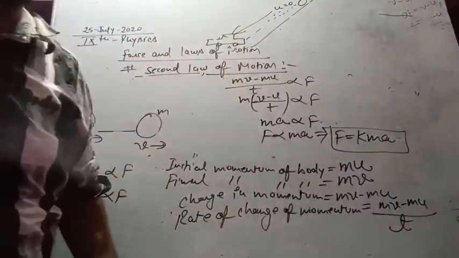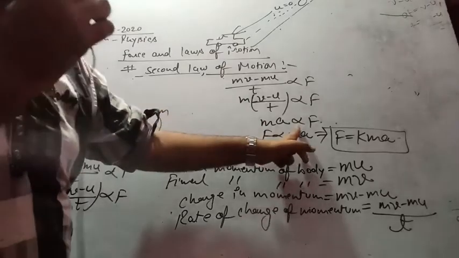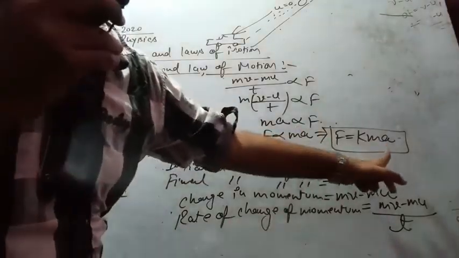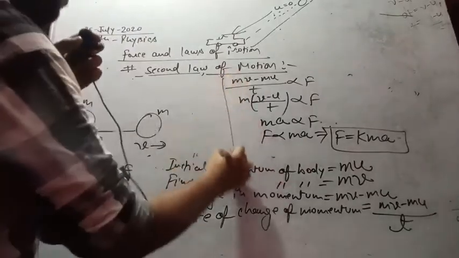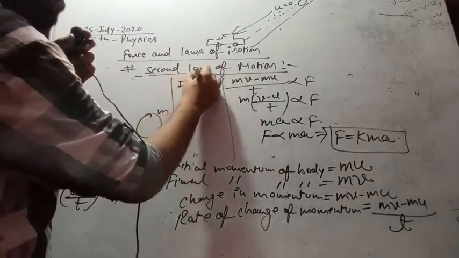For example, suppose I say your result is directly proportional to the number of hours you study. We cannot say the number of hours you study is equal to your result. It is depending on it. So when you remove this proportionality sign and replace it by equal, a constant will be introduced every time. Suppose we are considering this constant as 1.